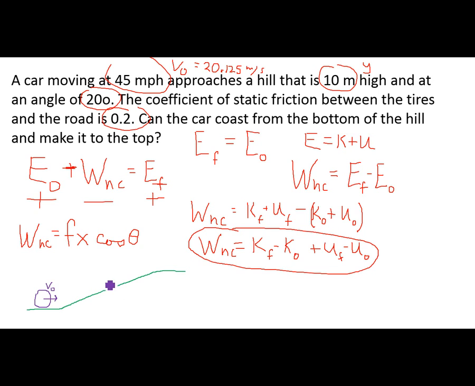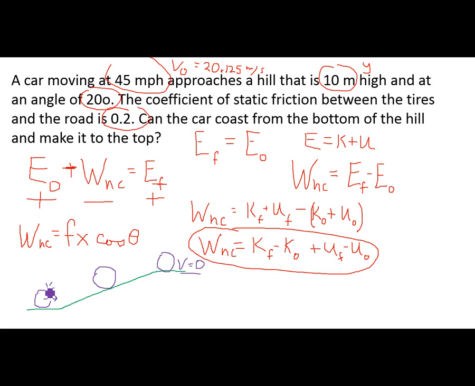Now, notice what the question is: can the car coast from the bottom of the hill and make it to the top? So the critical condition would be, can I reach the top with zero velocity? Do I have enough energy at the bottom to reach the top with zero energy? That would be easy if there were no friction.